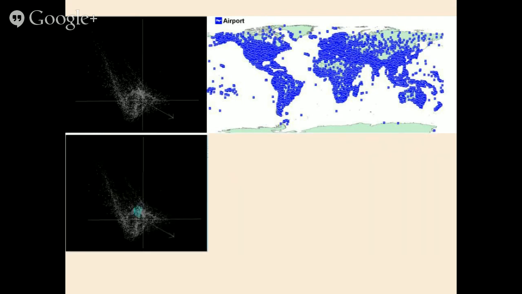To exemplify this and make it clearer, I collected a bunch of airports that were together, and this is the sum of the area that I put in the environmental space. So you can see that all these airports here are close environmentally. They are sharing some similarities in the environment.